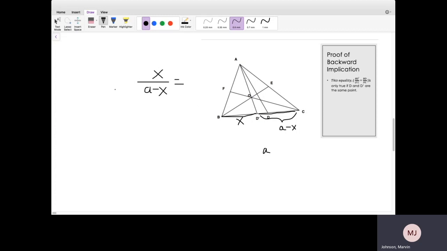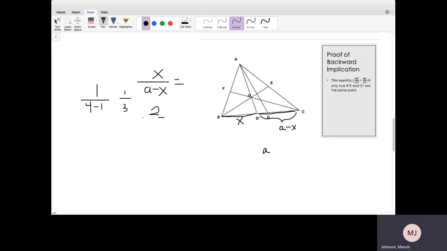So say we had an X value of 1, and say A is equal to 4. So we have 1 over 4 minus 1, and that's going to be 1 over 3. Then let's try X equals 2.